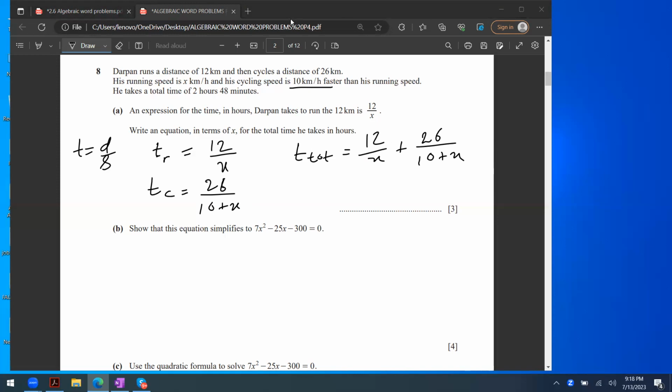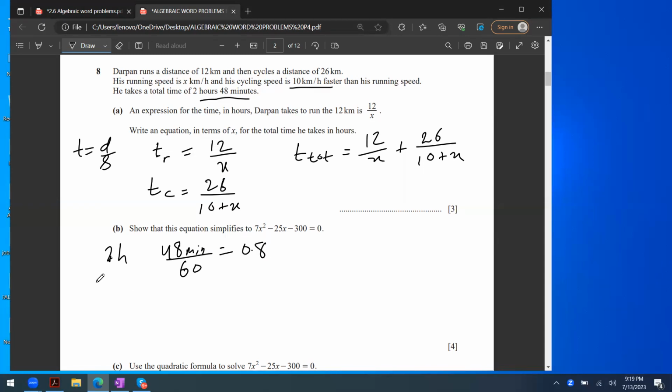Okay. Then the total time is already given here, 2 hours 48 minutes. So we just need to equate it to this expression. We need to make it equal to 2 hours 48 minutes. But we need to convert this into hours. You divide 48 minutes by 60 to convert it into hours. That is 0.8.